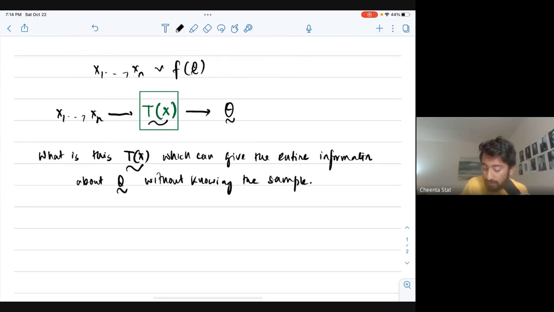In the case of Bernoulli P, for P, it was X bar. What else? For Fisher, he found out for sigma square, it was 1 by n summation of (x minus x bar) square, the sample variance.